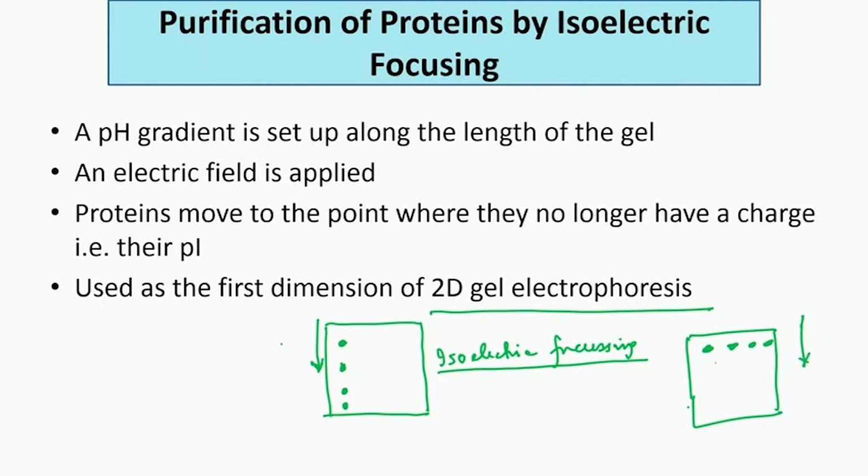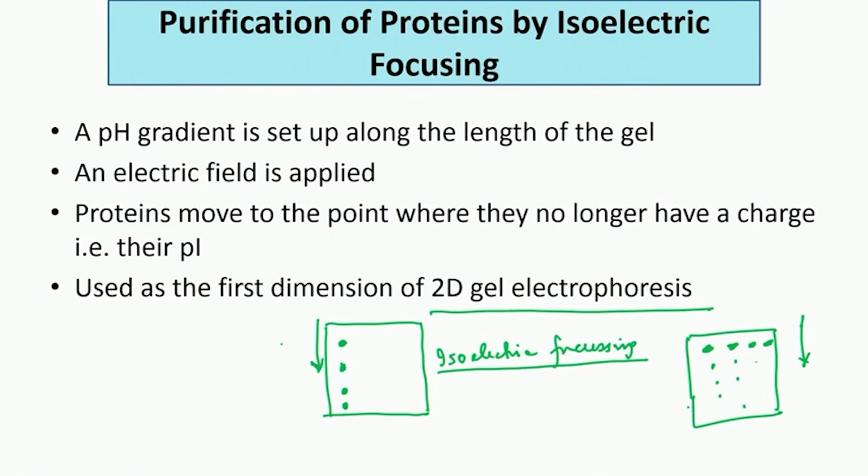If you do SDS-PAGE, according to molecular weight they will be separated, because SDS-PAGE depends only upon the molecular weight, the length of the protein. So, now these are the different spots that you will get.